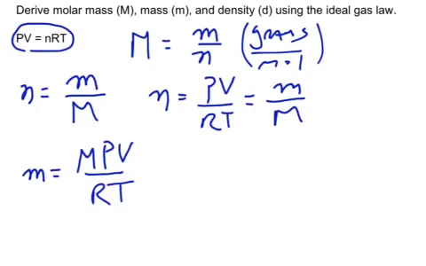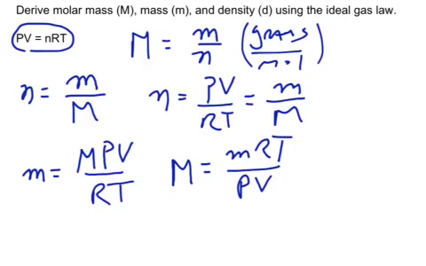So that's one of our key equations. But the more useful one is if we rearrange this one to say that molar mass, big M, is equal to mRT over PV.